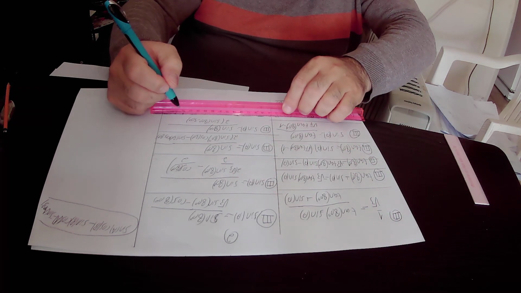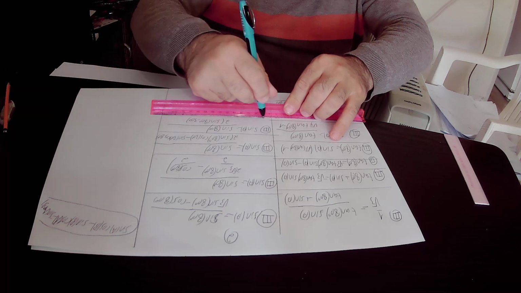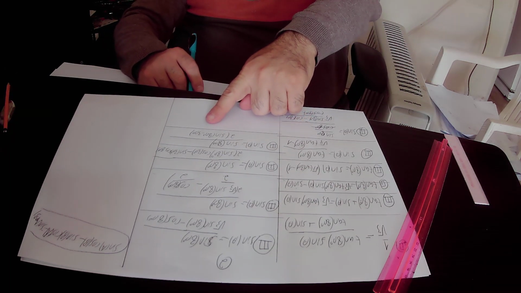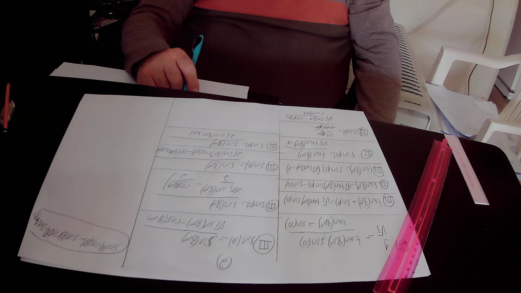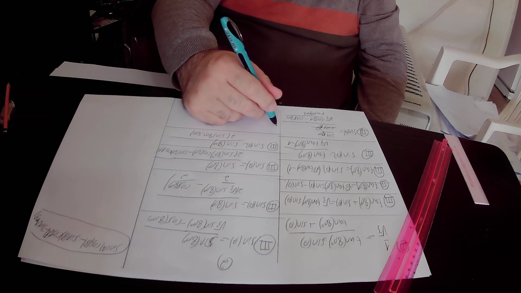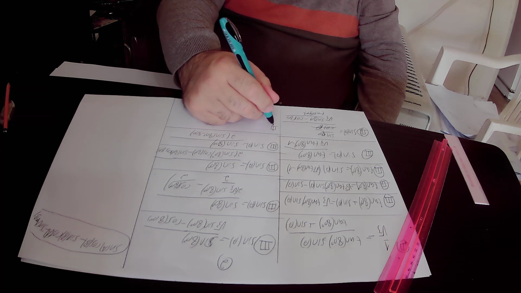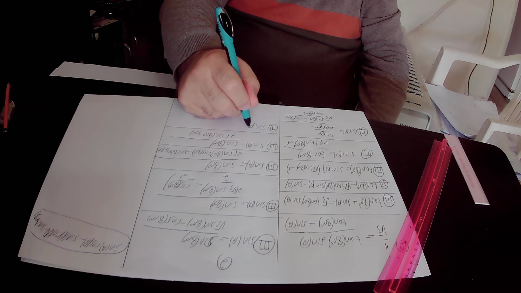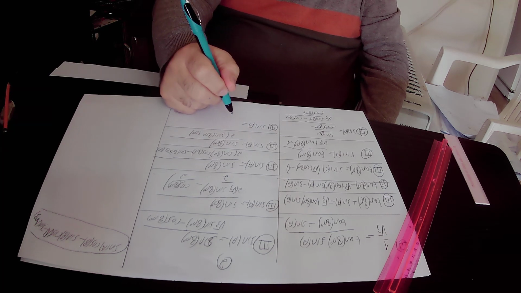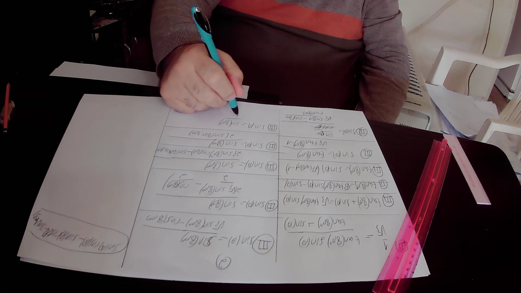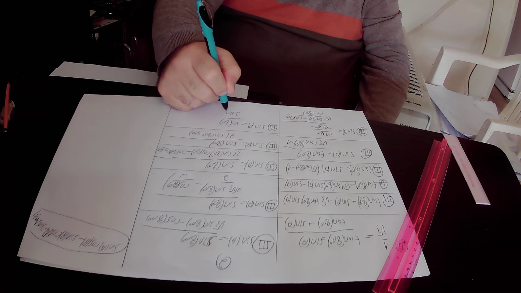In conclusion, we got that sine theta equals sine 80 degrees over 2 times sine 80 degrees minus 30 degrees. 80 degrees minus 30 degrees is 50 degrees, so we will get that sine theta equals sine 80 degrees over 2 sine 50 degrees.